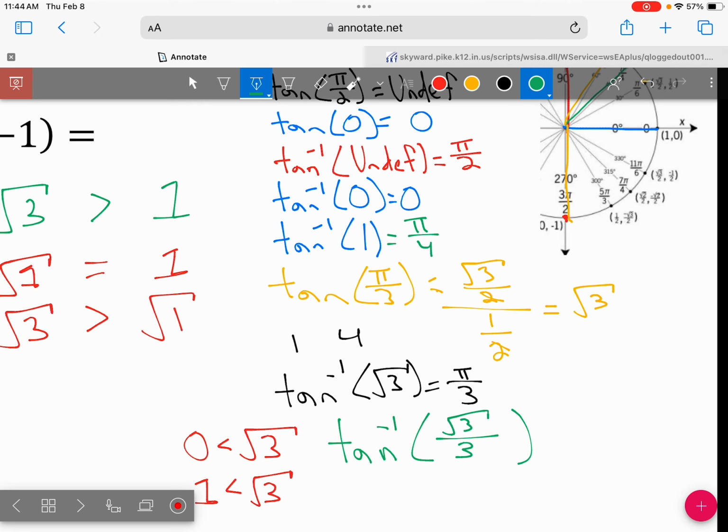Is root 3 over 3 bigger than 1 or less than 1? What's it take for a fraction to be bigger than 1? Does the numerator have to be larger or the denominator? Numerator. What's bigger here, the numerator or the denominator? So is it larger than 1 or less than 1? Less than 1.